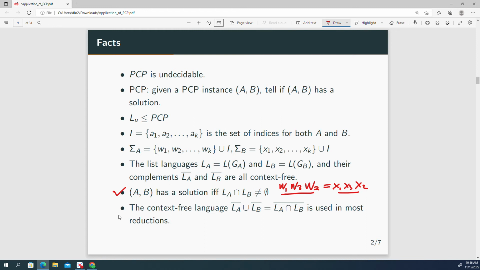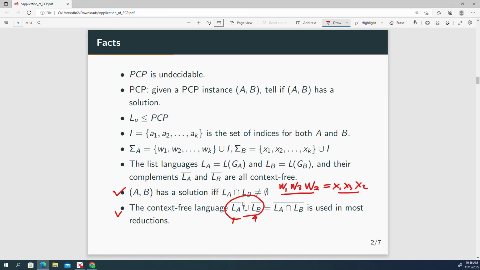Then the context-free language LA bar union LB bar. We know LA bar is context-free, and the union operation is closed in context-free. That means the union of two context-free languages will be context-free.